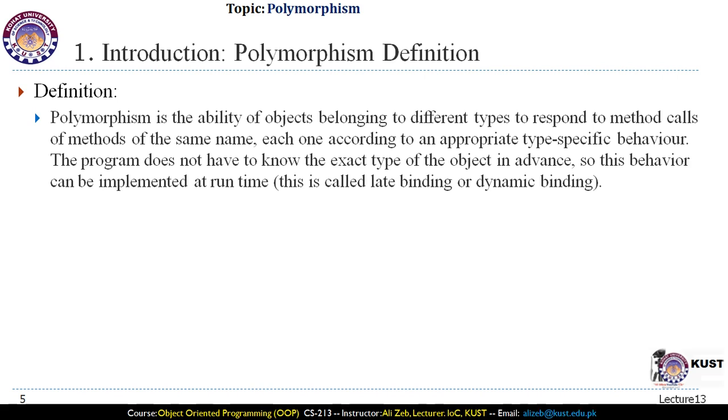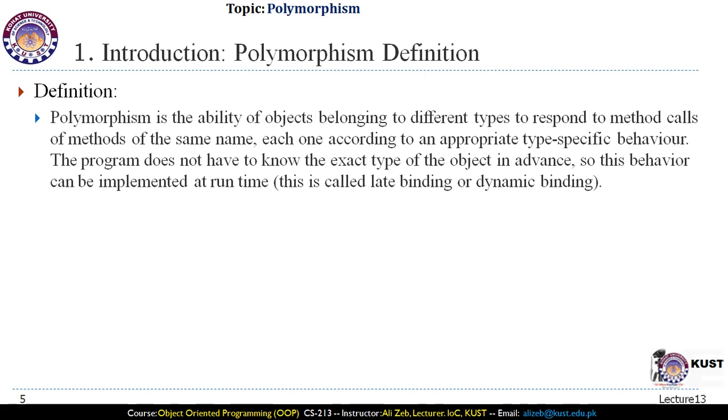The program does not have to know the exact type of the object in advance, and this is dynamic binding that we are talking about. So this behavior can be implemented at runtime. This is called late binding or dynamic binding, and we'll look at this in upcoming examples as well. Our compiler does not necessarily know in advance what type of object is going to call a method.